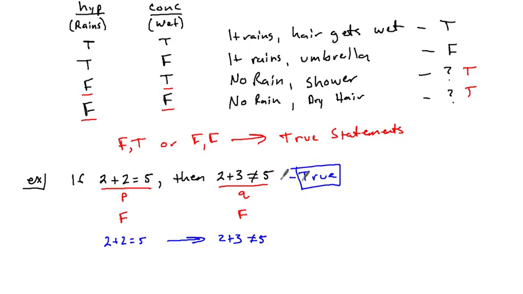Now, true does not mean it's actually going to happen in the real world. It just means that we accept the logic here as true. A good example of that is if you've ever watched The Avengers. In The Avengers, Thor shoots lightning out of his hammer.